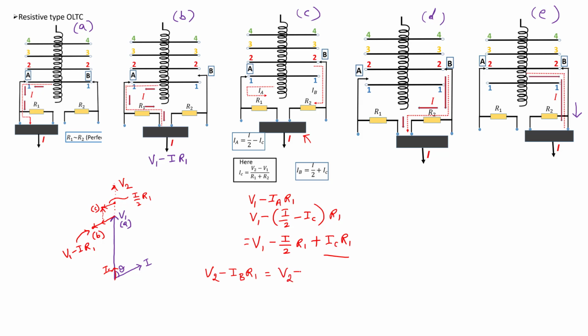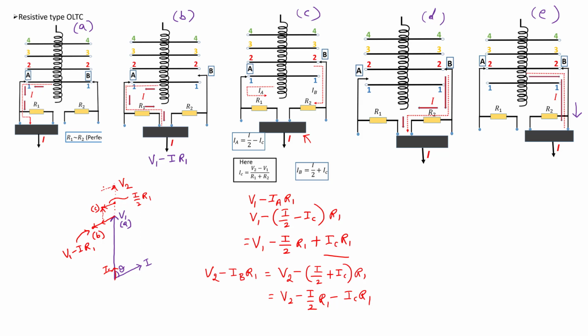minus IB, I by 2, plus IC into R1. So it equals V2 minus I by 2 into R1 minus IC into R1. So simply from V2 also you have to go minus I by 2 into R1, I by 2 into R2.